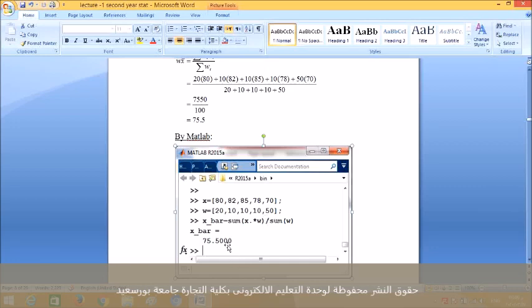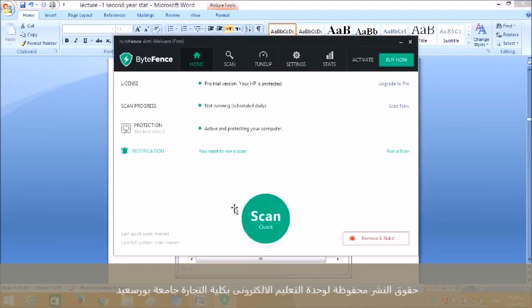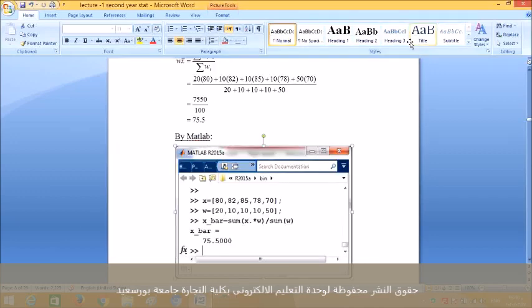Okay, then here x bar, or the weighted mean here, equal sum of x multiplied by W. x is the scores and the W is the weight.